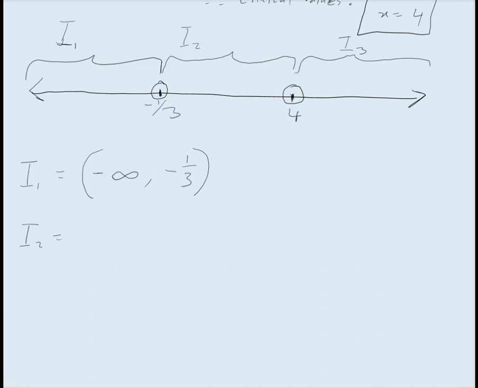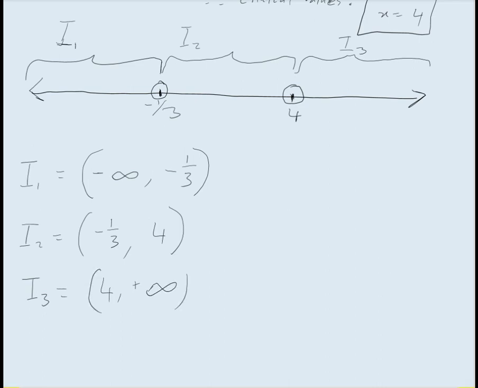For I2, the interval goes from negative a third to 4, not including either. And lastly I3 is everything to the right of 4, so it's 4 all the way to positive infinity, but again not including.